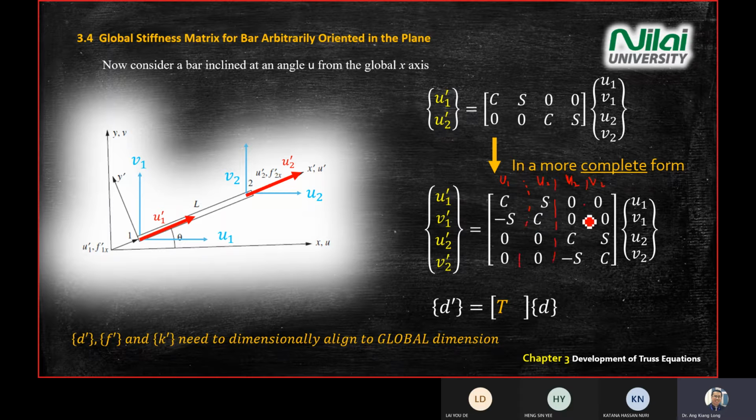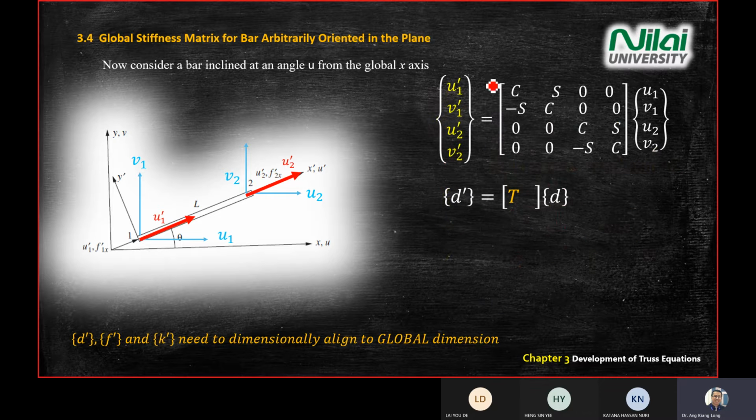So you just need to fill in the blanks accordingly. Then you'll see we have 4 equations here. These 4 equations we get from the previous slides. So why do we have 4? Because we have 2 points, and each point gives you 2 displacements. So we have 4 displacements. Quite straightforward for these slides.